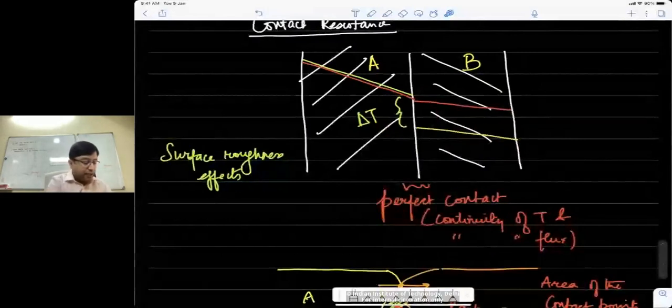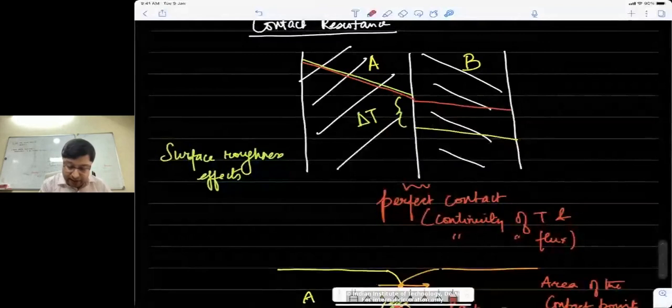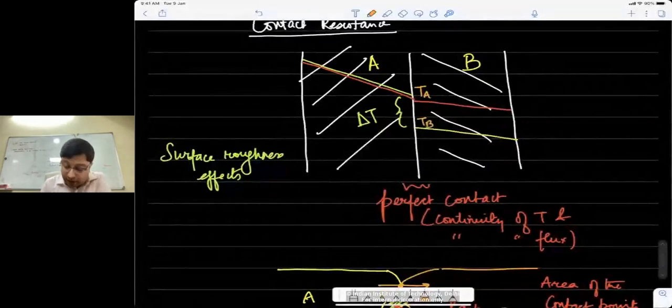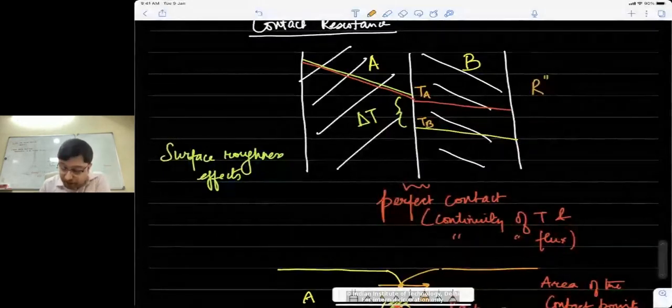And so we define the contact resistance in a certain way. If I can use this figure itself to define some temperatures, let's say we have Ta here, and this is Tb. I can write the contact resistance, which I'm going to write in terms of R''tc, and this is done typically per unit area.